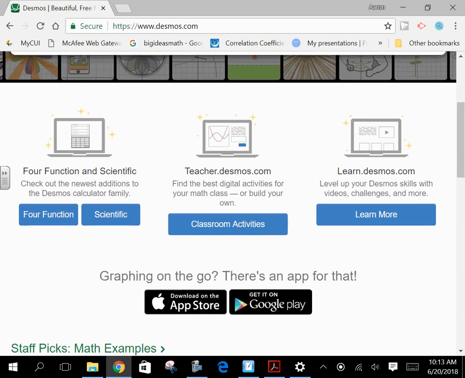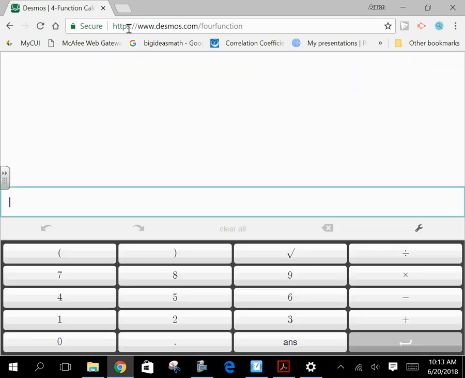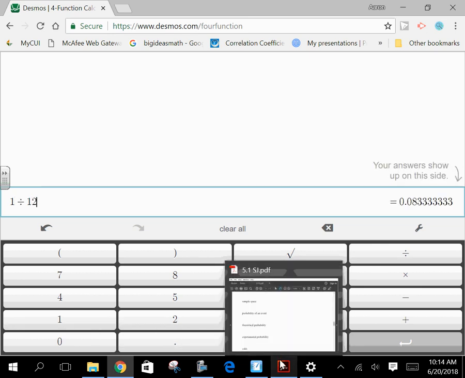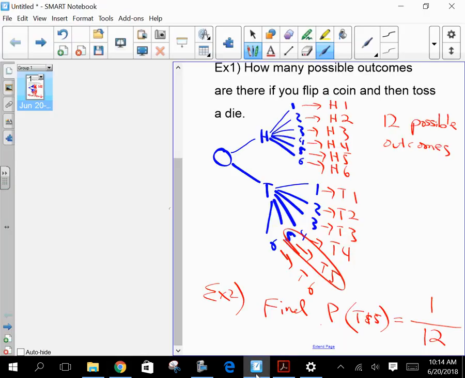Let's look at 1 divided by 12. I'm going to round to the nearest hundredth place, the second decimal. So 0.08, this is a 3, so it's not 5 or bigger, so the 8 is going to stay 8. It's not going to go up to 9. So 0.08 will be my probability.